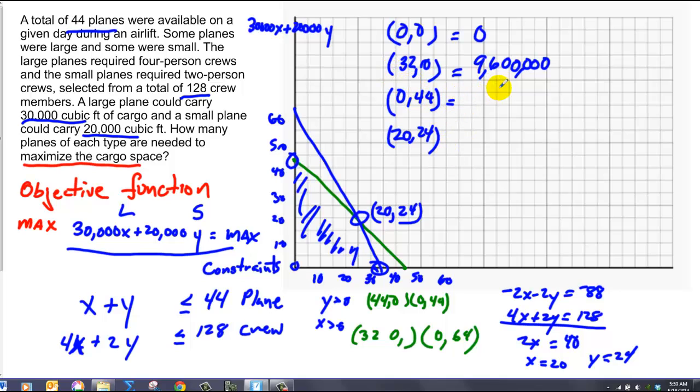This gets me 88 and 5 zeros. And this gets me 60 and 48, which is 108 and 5 zeros.